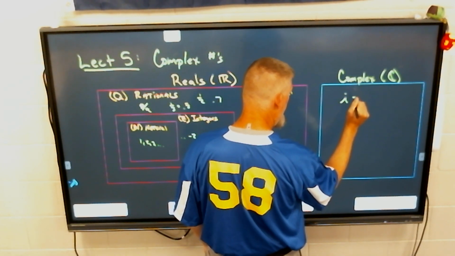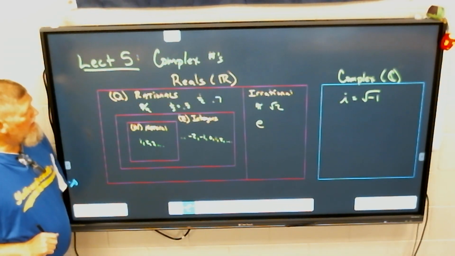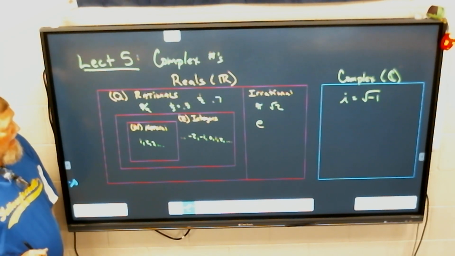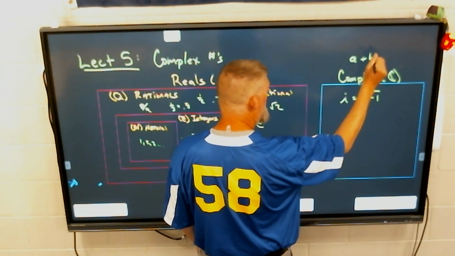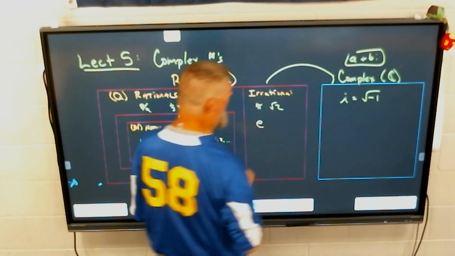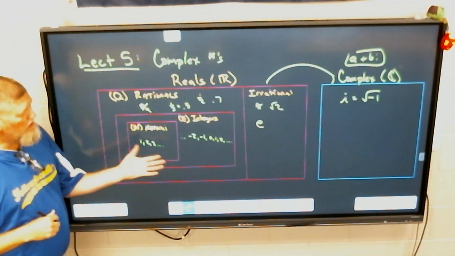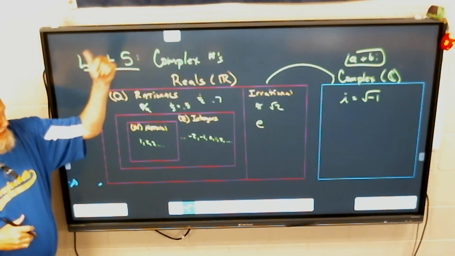So i, the square root of -1. We write complex numbers as a + bi. And really, complex refers to both boxes, because I can write a real number as a complex. The a is the real part, the b is the imaginary.